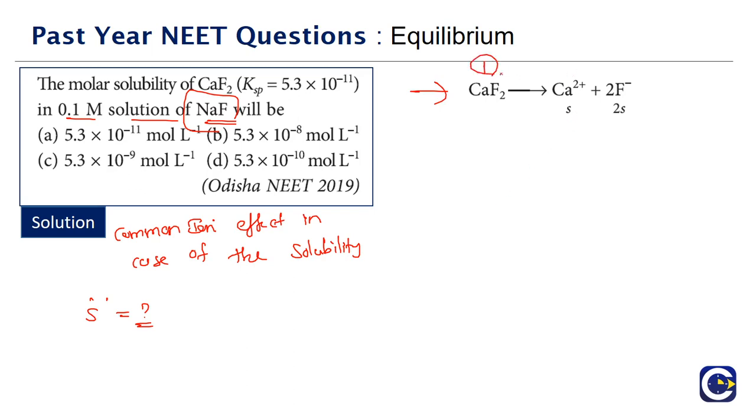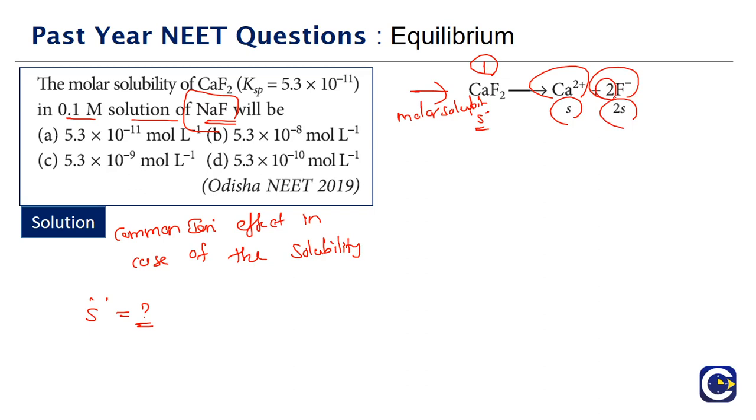Every one CaF2 molecule will give us 1 calcium ion and 2 F minus ions. If we take the molar solubility to be S, then the concentration of Ca2 plus ions will be S, and the concentration of fluoride ions will be 2S. Why 2S? Because every one molecule of CaF2 gives us 2 fluoride ions.